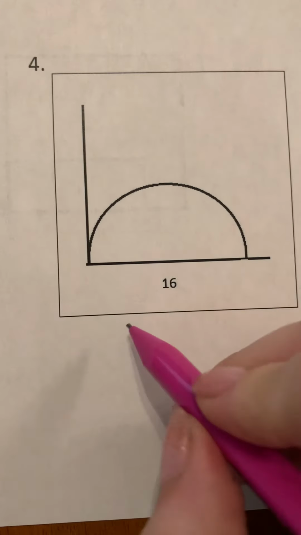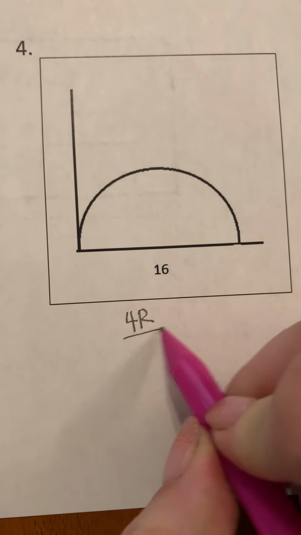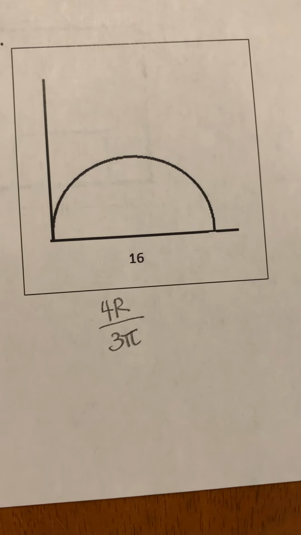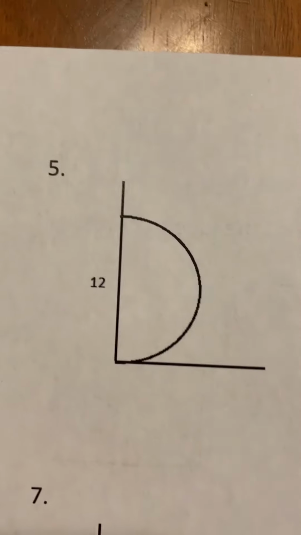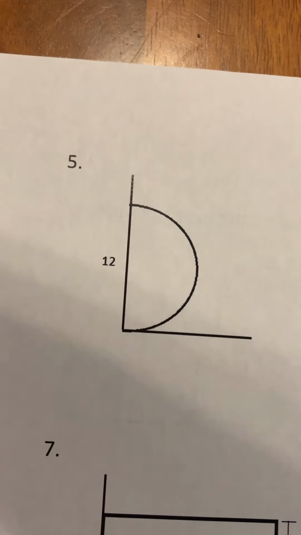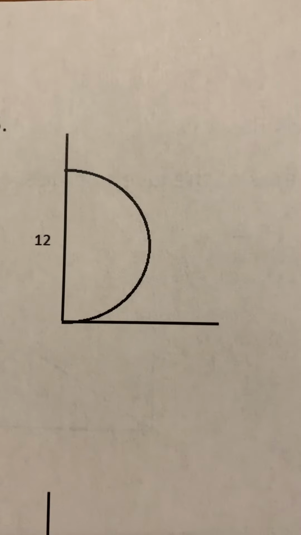And then the formula you're going to use here is 4 times the radius over 3 pi. And then you're going to solve it from there. Same thing on the back over here. Find your radius first. Same formula, 4 times r over 3 pi.